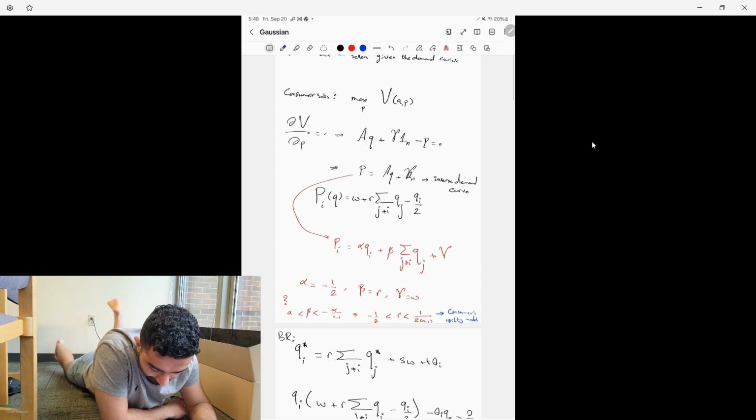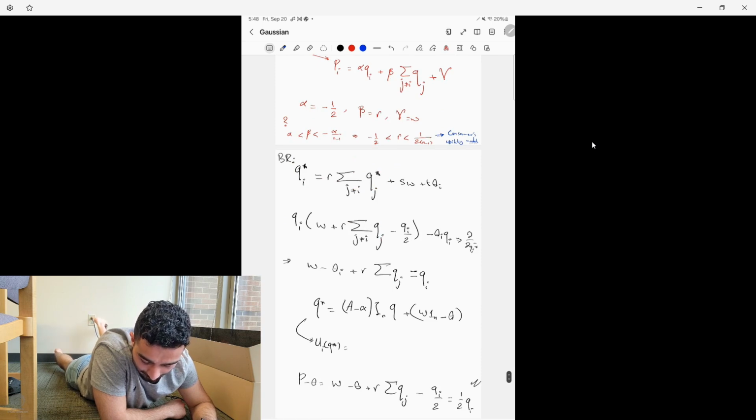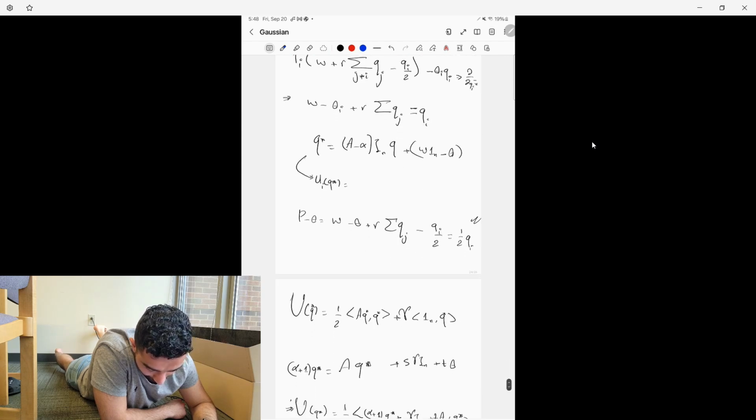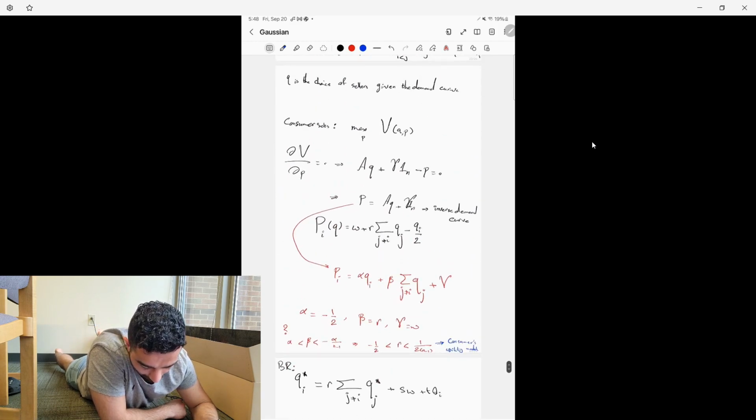Alright, so that gives us this demand curve. Perfect. And then qi star comes from this. These are all good. Okay, we are in agreement. Let me clear this stuff.